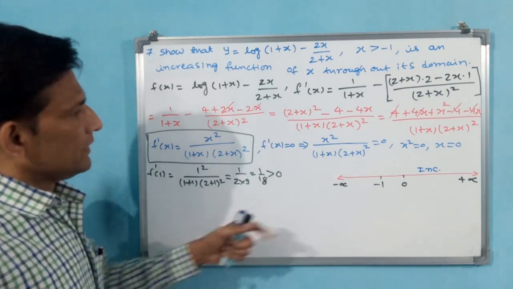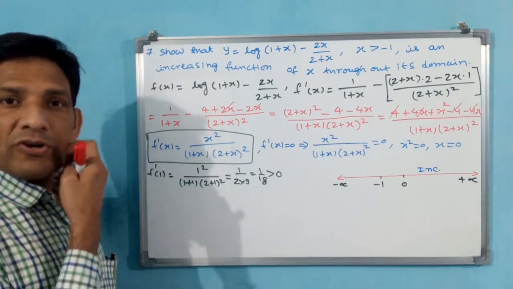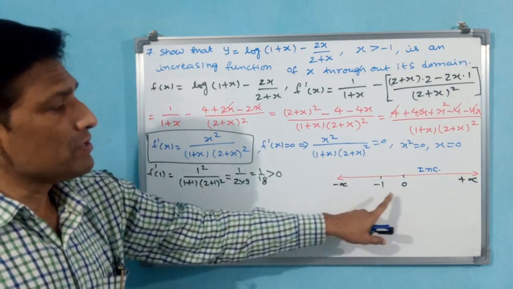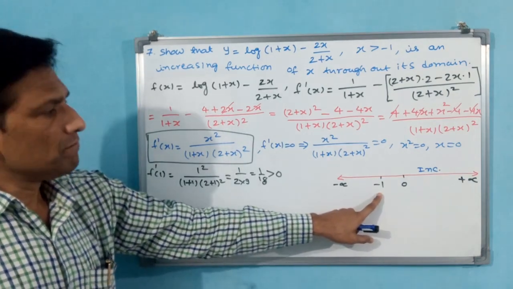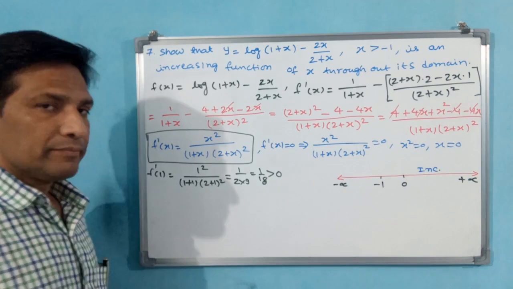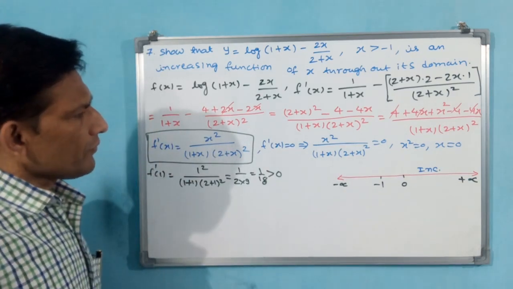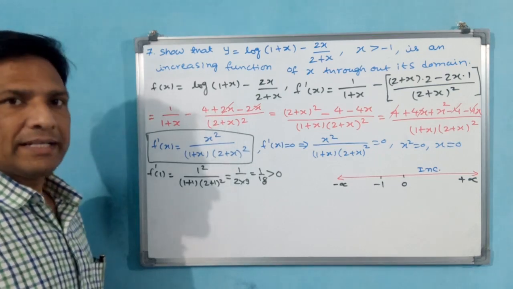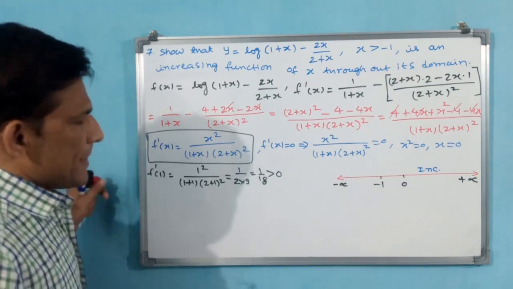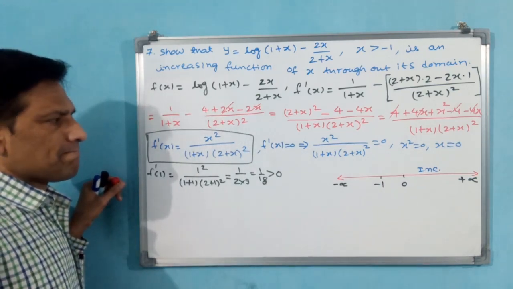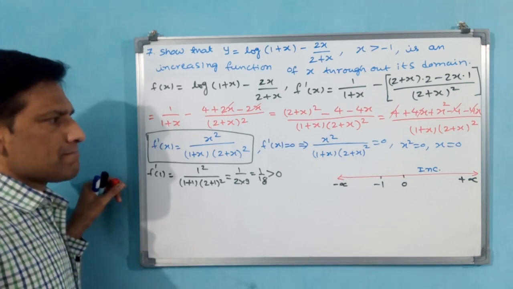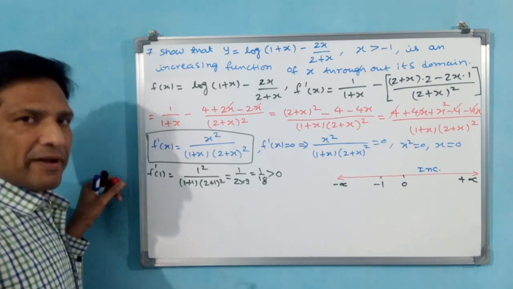Okay, take minus 1 to 0. What number are you going to take? You see, minus 1 to 0 means minus 1 you should not take. Okay, you take minus 0.5.